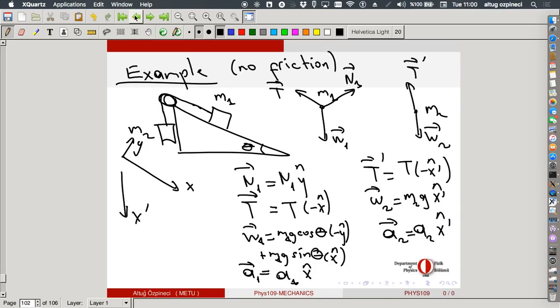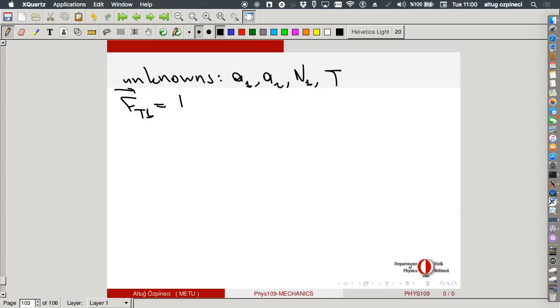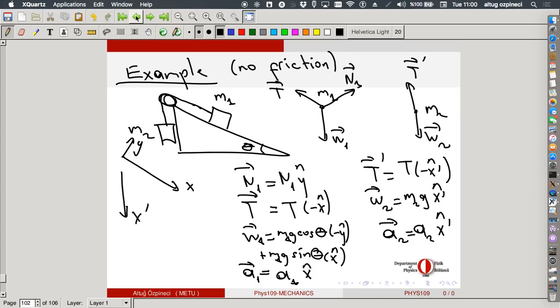It will be equal to, in the y direction, n1 minus m1g cosine theta. This is in the y direction. In the x direction, I have m1g sine theta minus t.